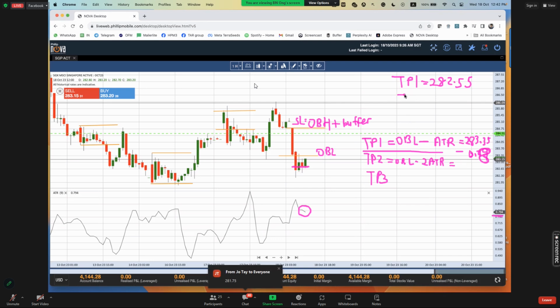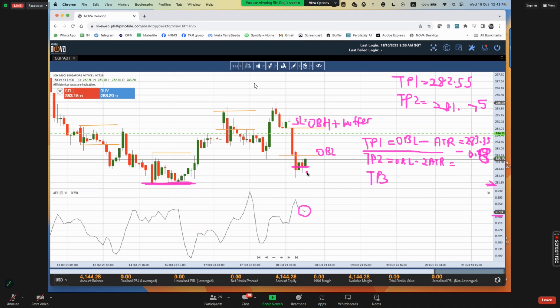Okay, thanks a lot for the answer. So TP2 is equal to 281.75. Now, where is 281.75? It's probably around here. Which means that the market is looking at this value here.